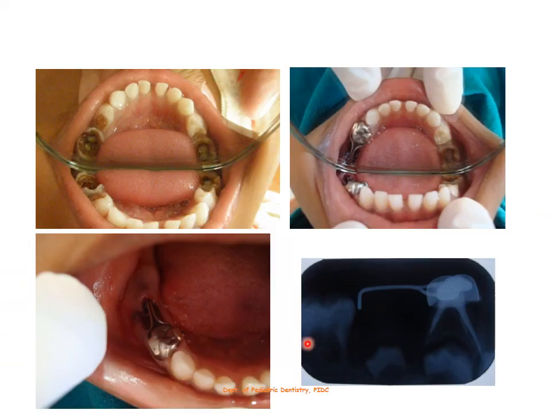In this patient, the E was extracted, D was restored and a crown was given, and then the distal shoe appliance was given. As you can see in the radiograph, the bar is extending to the mesial surface of the crown, which guides the eruption of the permanent first molar.